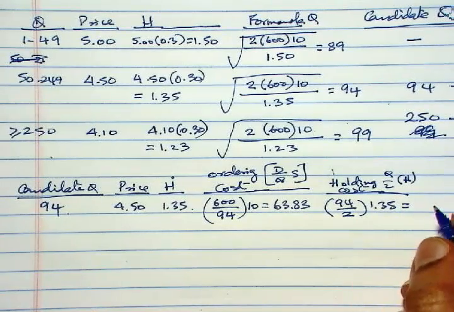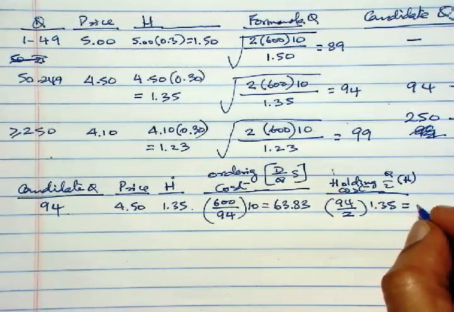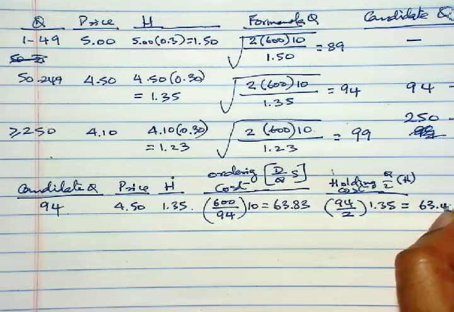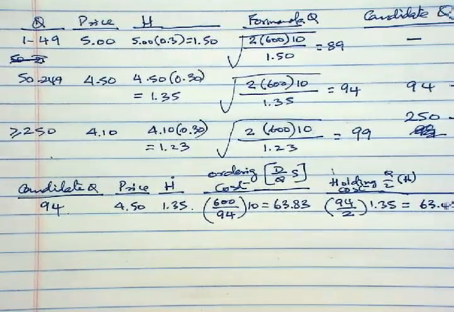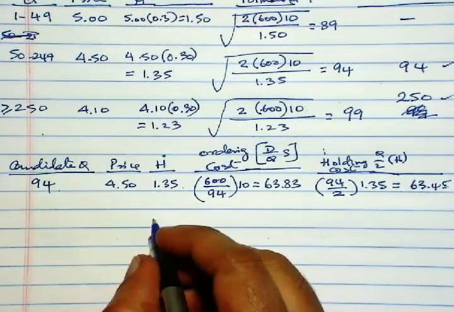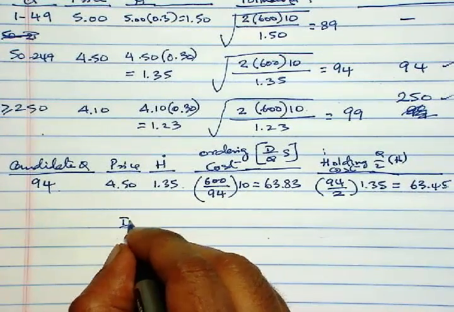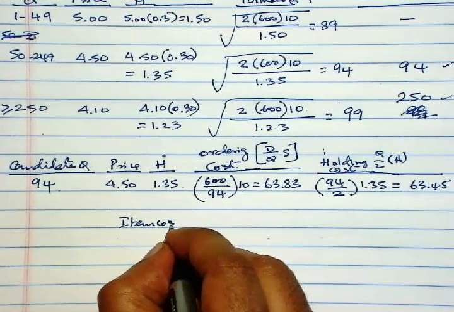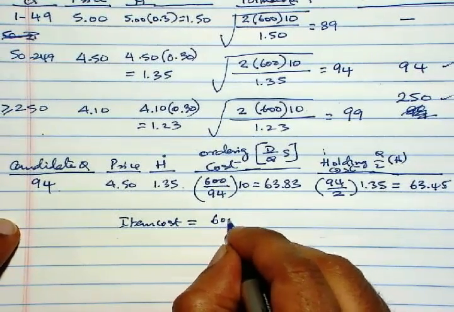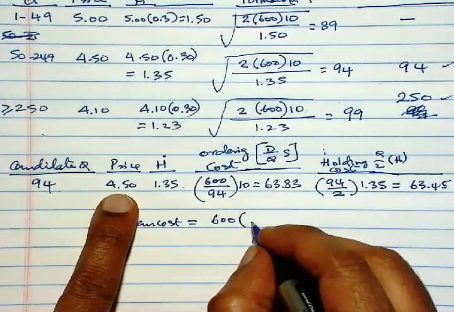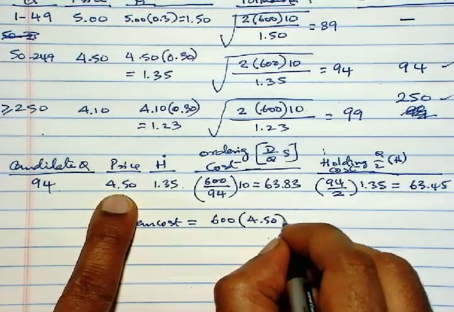So that is equal to 63.45. Now to this we have to add the cost of the item. So item cost is your annual demand 600 times your price, $4.50.